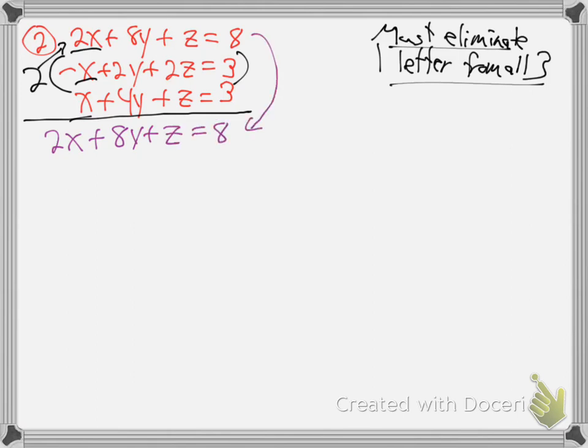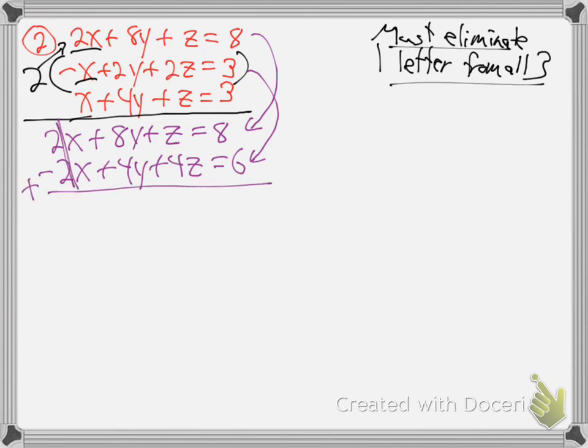Then the middle equation, we multiply through by 2, so minus 2x plus 4y plus 4z is 6. That's the second equation times 2. And now I can add these, and the x's drop out. I get 12y plus 5z is 14.